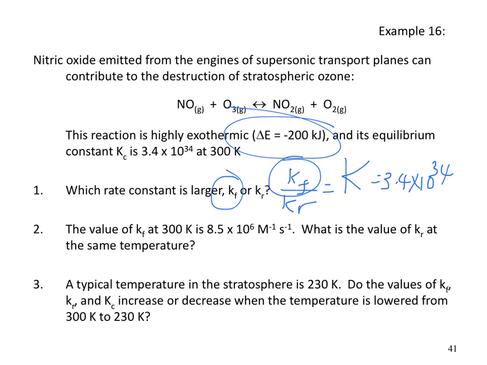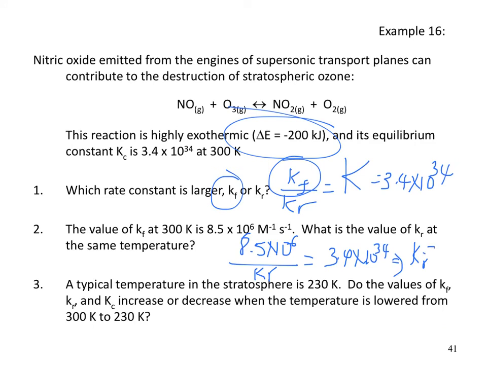The value of Kf at 300 Kelvin is 8.5 times 10 to the 6th. What is the value of Kr at the same temperature? That's pretty simple. We are going to just plug and chug: 8.5 times 10 to the 6th over Kr is equal to 3.4 times 10 to the 34th, and then solve for Kr.